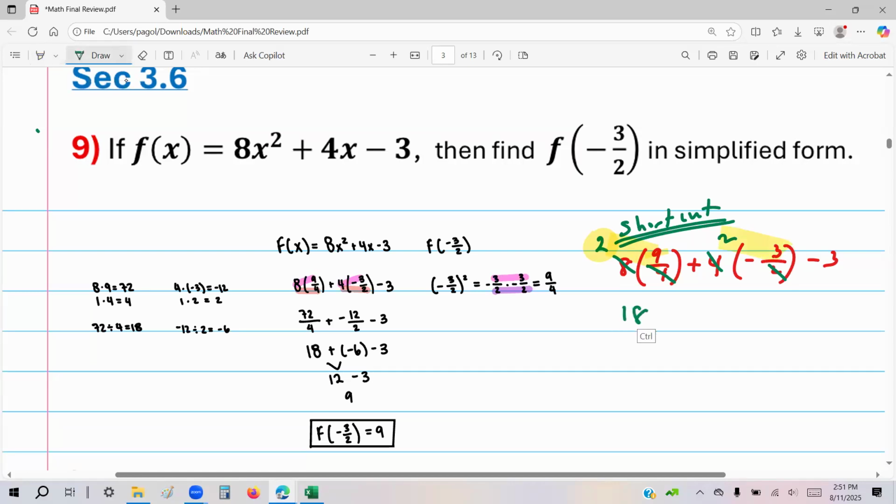So you have 18 minus 6 minus 3. 18 minus 9. Because the result is on the numerator and 9 is also on the numerator. So whatever you have in the numerator, multiply them. And denominator cancel out.